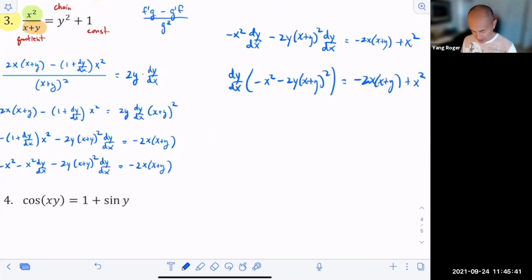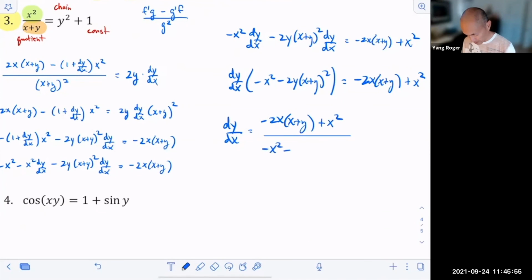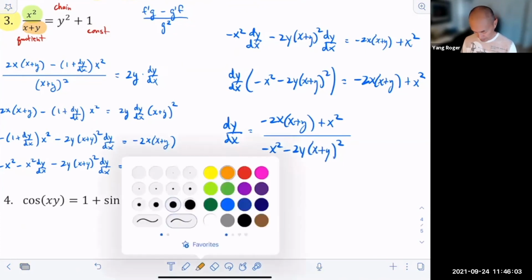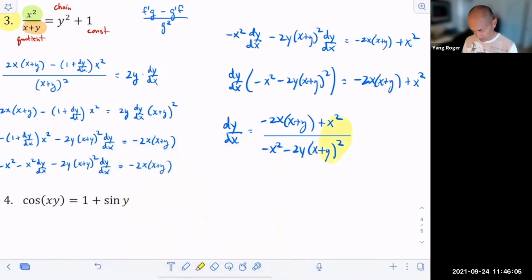And the final step is just to divide. So I get dy dx is equal to negative 2x times x plus y plus x squared, all divided by negative x squared minus 2y times x plus y squared. And this is our derivative.